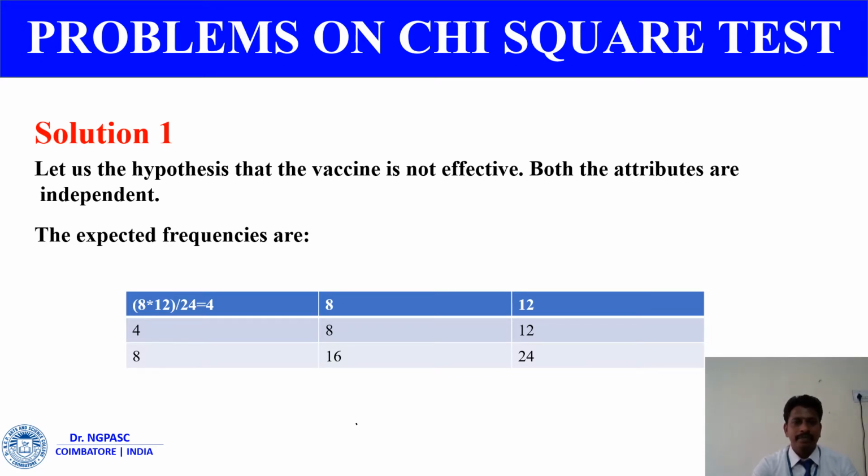Next, third entry: column total 8, row total 12, 8 into 12 divided by 24, simplified we get 4. Next, fourth entry: column total 16, row total 12, 16 into 12 divided by 24. We get the answer 8.